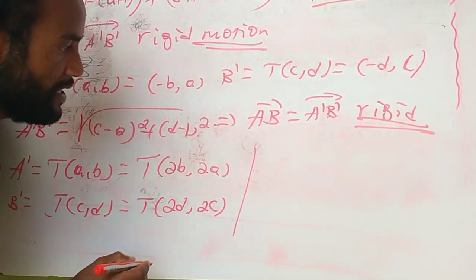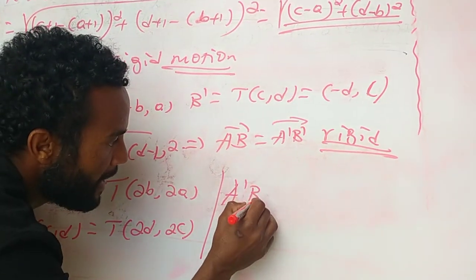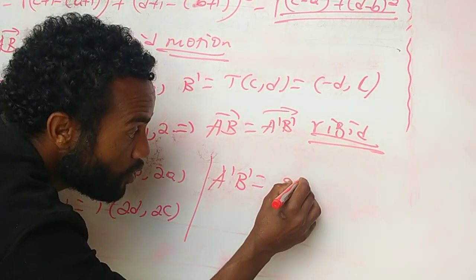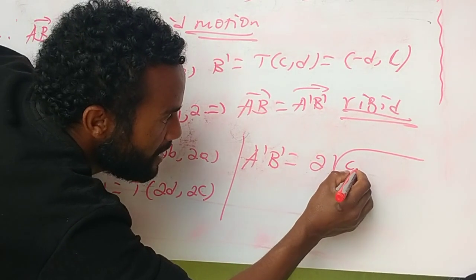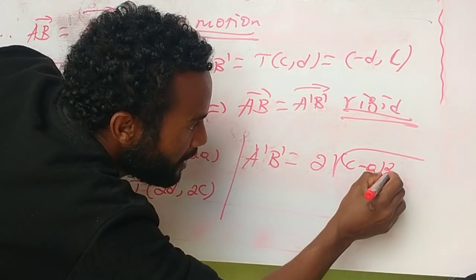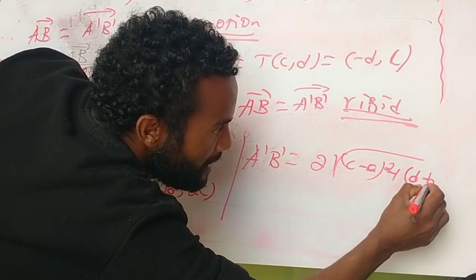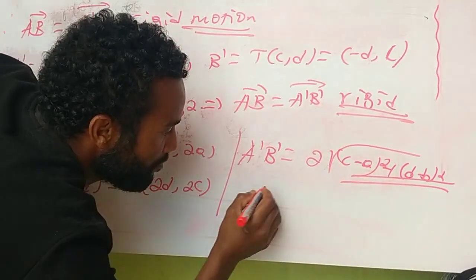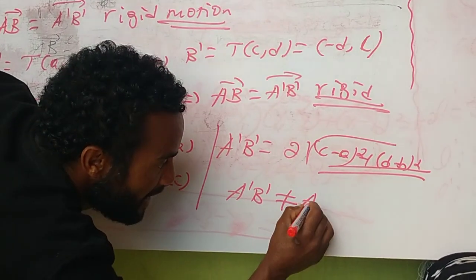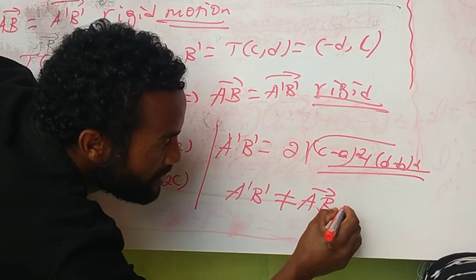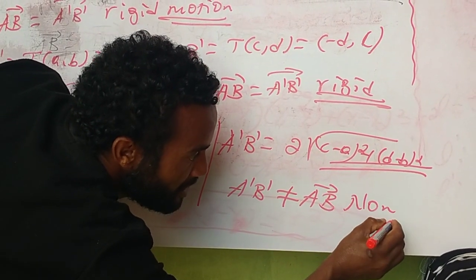Now A prime B prime is equal to twice the square root of (c minus a) the whole square plus (d minus b) the whole square. Now A prime B prime does not equal AB. Therefore it is known as non-rigid motion.